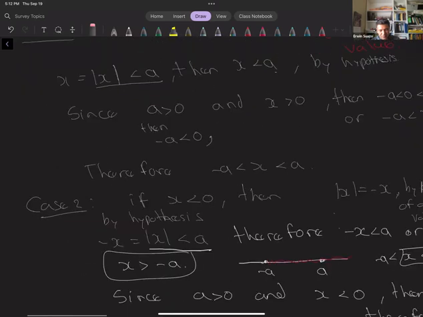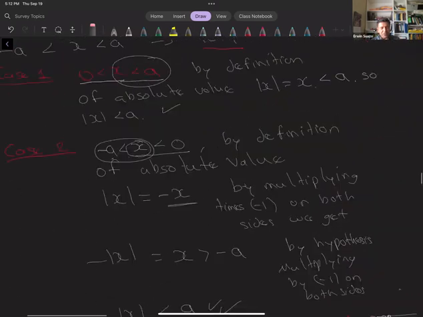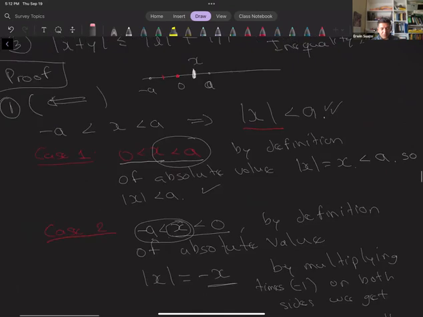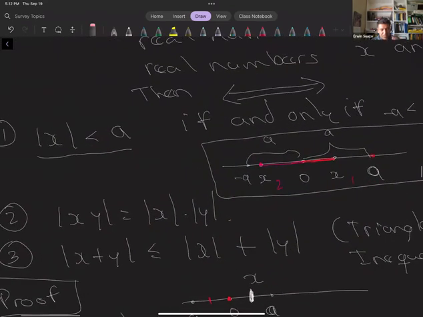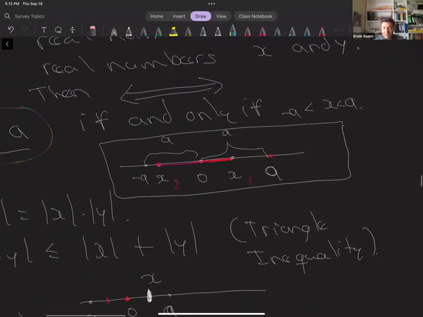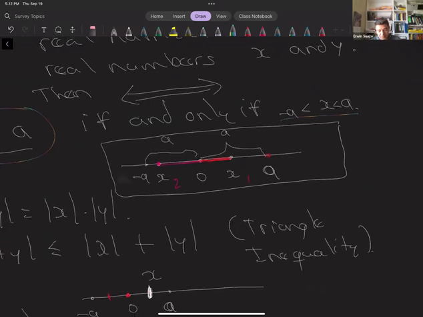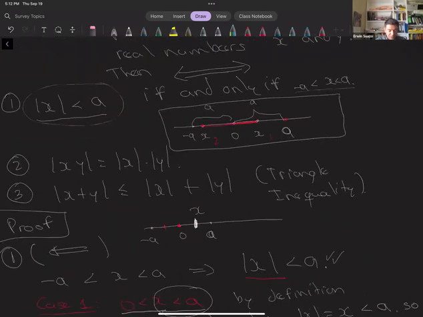Also, before that, we did this proof that you are going to find useful today. Let me go back to this proof. This one over here: the absolute value of x less than a if and only if x is between minus a and a. Okay. So we also proved this.